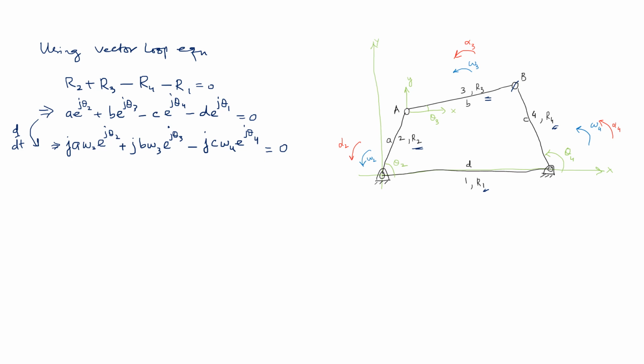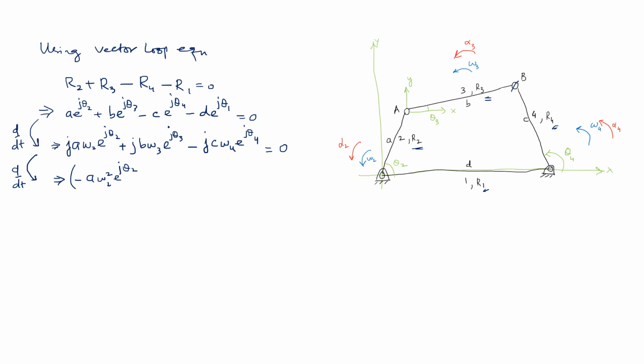So this turns out to be equal to 0. And if we once again differentiate it with time to find the acceleration equation, this turns out to be minus a omega 2 squared e raised to power j theta 2. And actually you're going to have two terms in it, because you have omega 2 varying with time and theta 2 also varying with time.